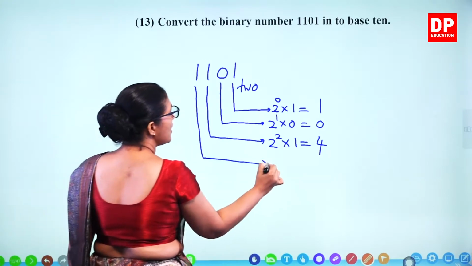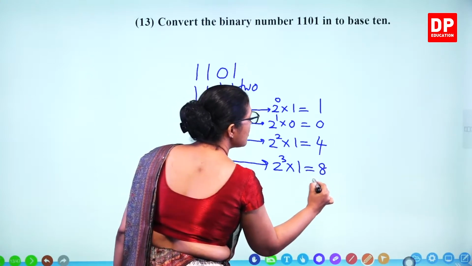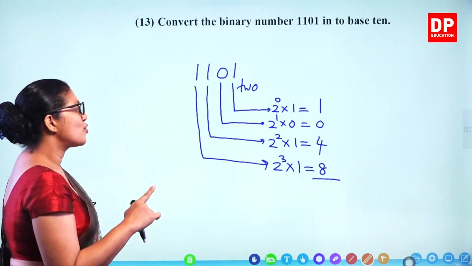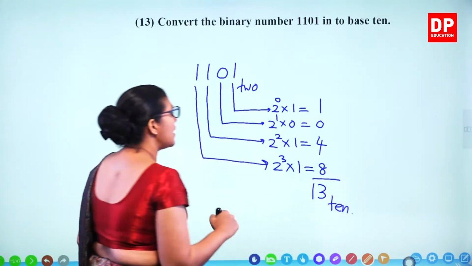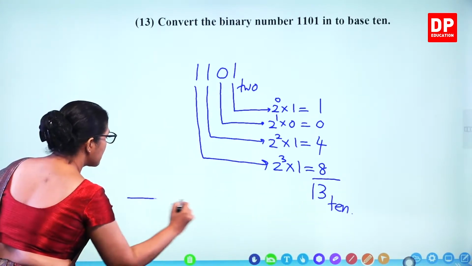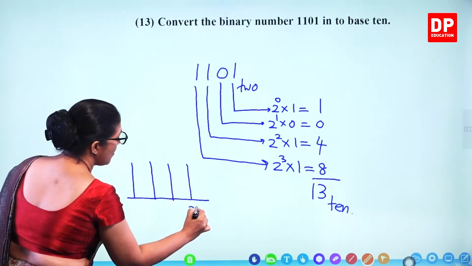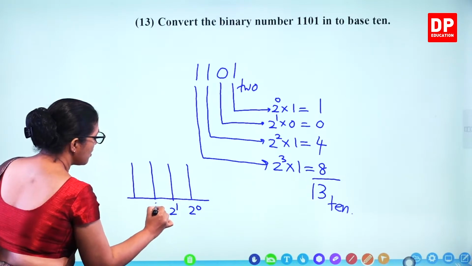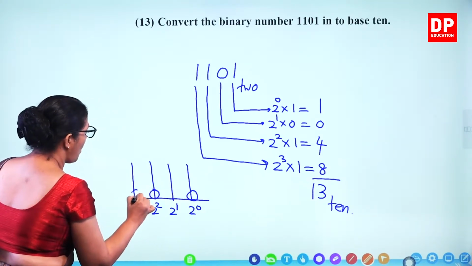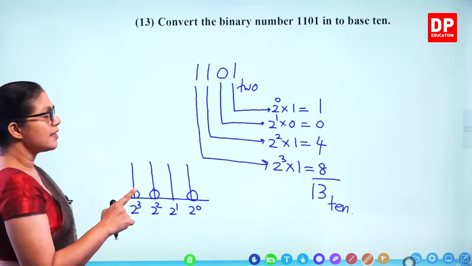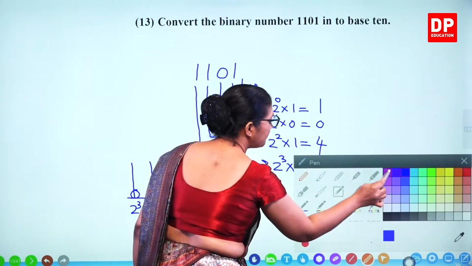And the last one is 2 to the power 3 into 1, that's 8. So what's the number? 8 plus 4, 12, plus 1, 13. That's base 10. If you take the abacus, you get something like this. So this is 2 to the power 0, 2 to the power 1, 2, 3, 1, 0, 1, 1. Represent 13 in base 10. 2 marks.